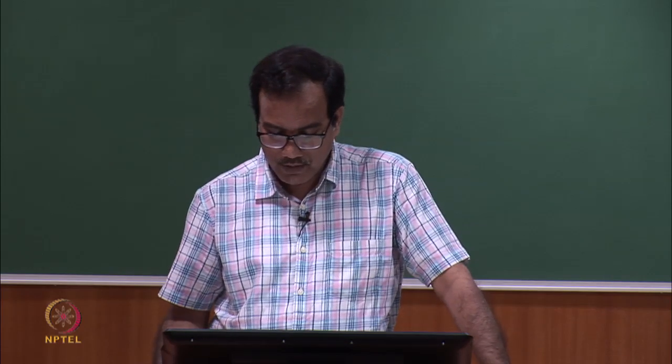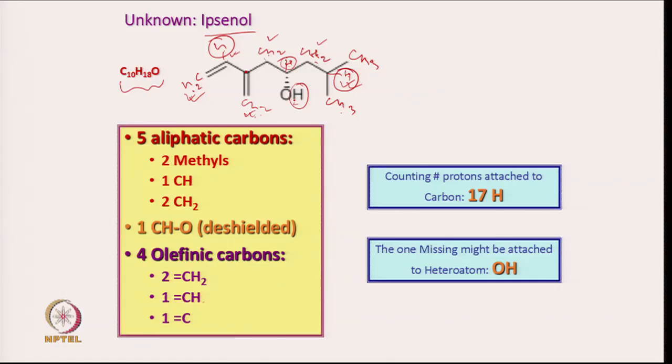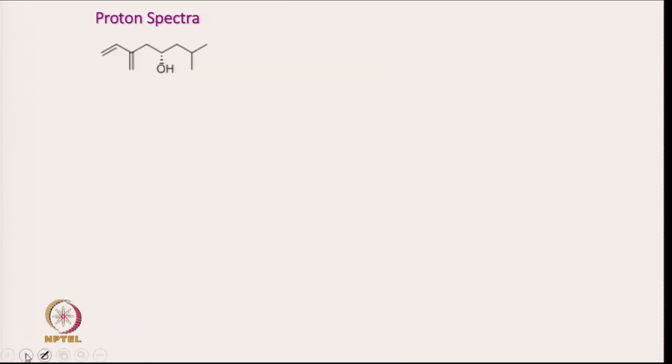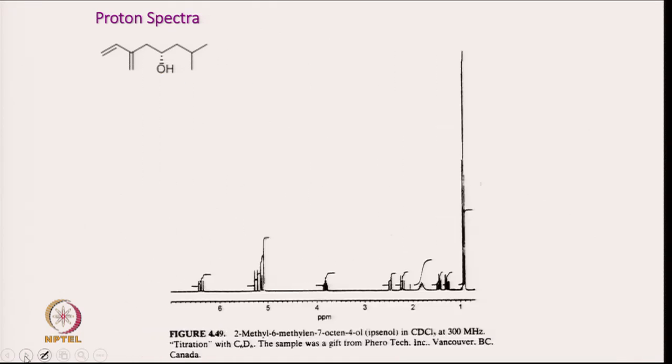The one missing might be attached to a heteroatom, and so this is your heteroatom OH, and that is how you can count 18H.